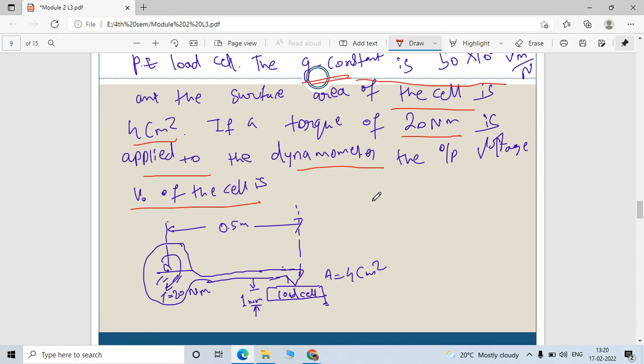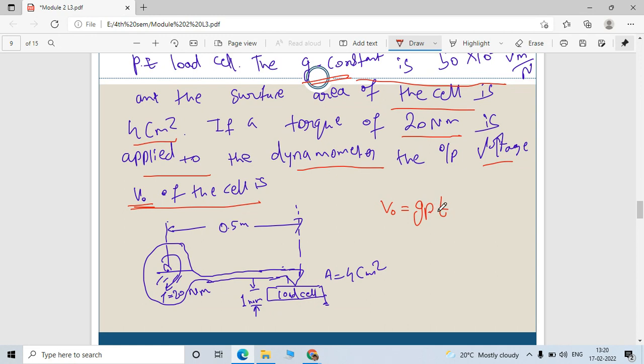So we have already seen the equations. So how do we define this V naught in terms of G P T? Don't be confused. For this question, it is specified in terms of V naught, that's why we put V naught here. This V naught is nothing but your output voltage, and this P is nothing but your pressure.